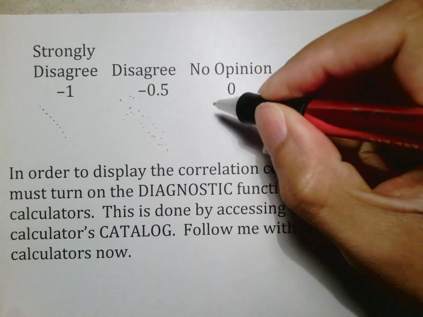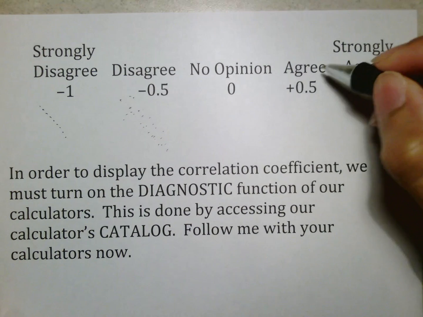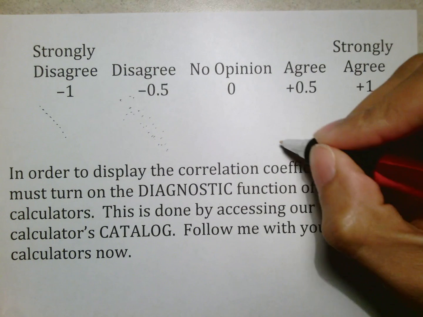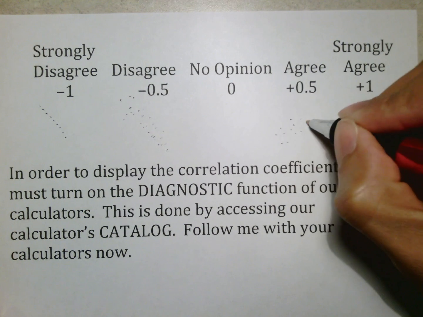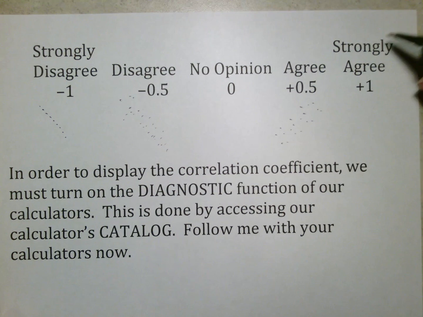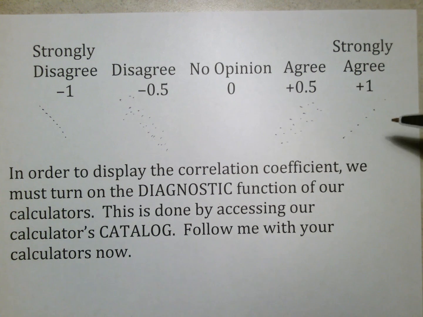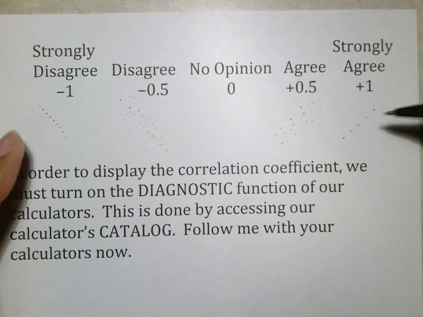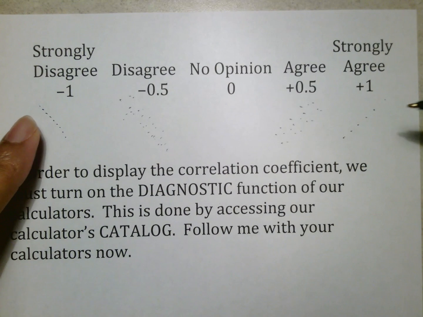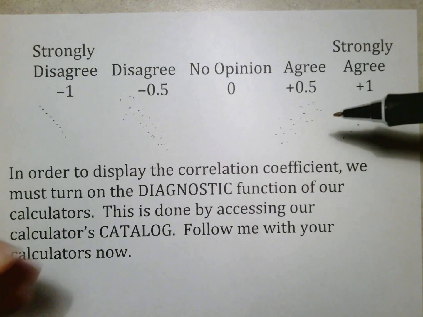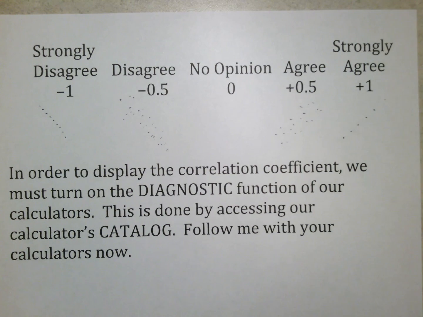No opinion, of course, means that there's no direction whatsoever. If you agree but you're not really strong about it, again, your dots are going to go up, but in a more spread pattern, whereas strongly agree would be more like a straight line. Now, of course, it's not going to be that neat, but I'm just trying to give you an idea of how the correlation coefficient works. Again, the ones are almost straight. Actually, if it was one, it would be straight. And the 0.5s are more spread out a little bit, to give you an idea of what you're going to be looking at.